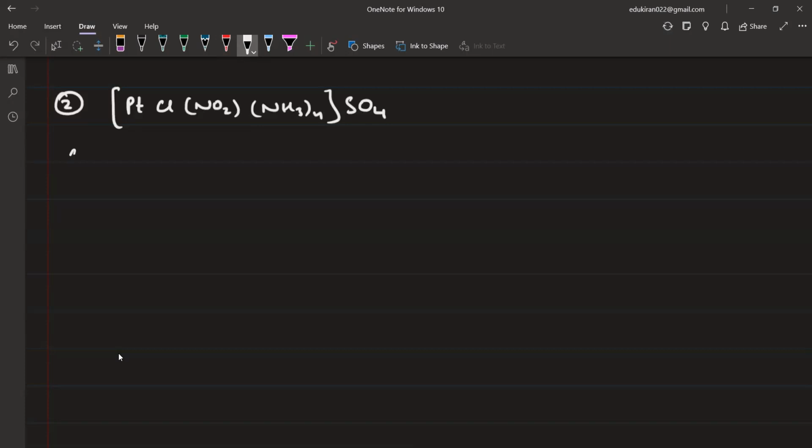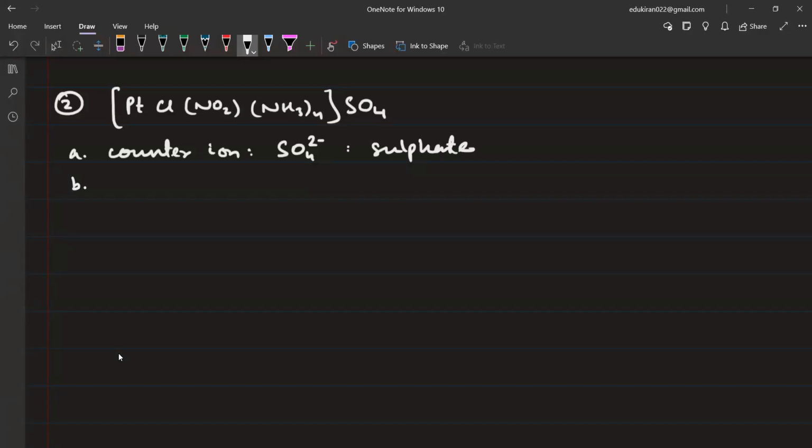First thing, you identify the counter ion. What is the counter ion here? Sulfate. SO4. What charge? 2 negative. Nobody will tell you this, in the sense that NCERT and CBSE both expect that you should know the charge on SO4.